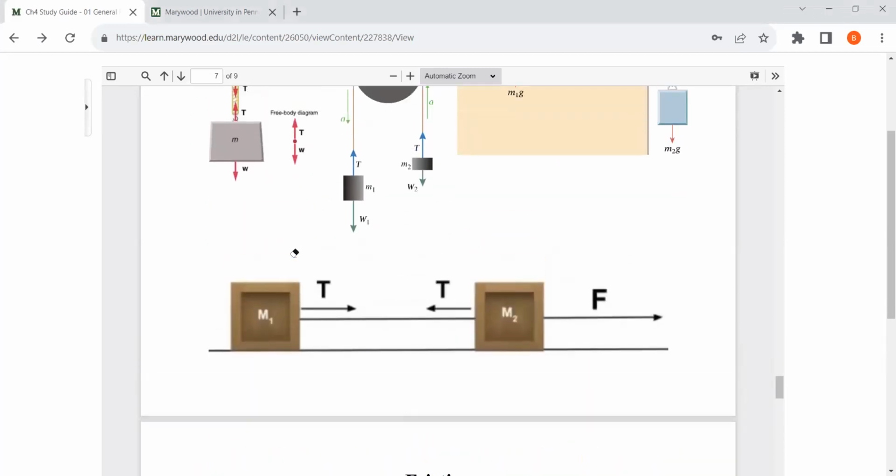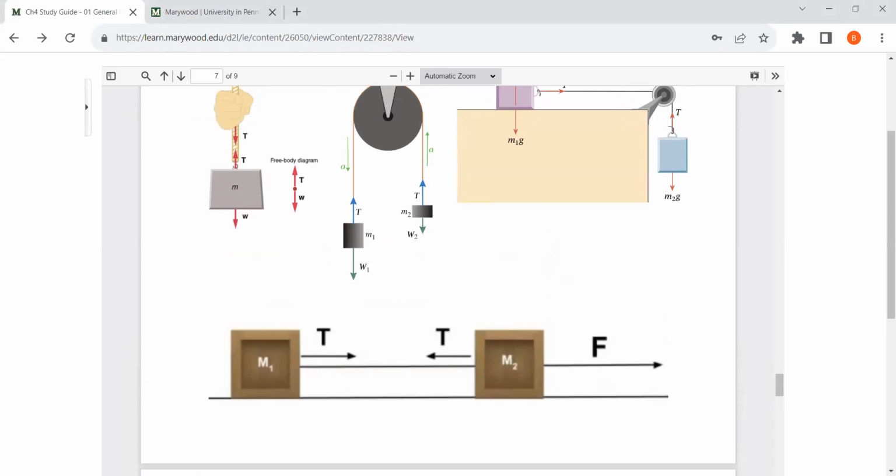Here this is the object, this is the applied force, so the tension force will be this one. Now that rule tells us that at the other end of the rope, so this is the rope, the other end means this one, the tension force will have equal magnitude if the mass of the rope is negligible.